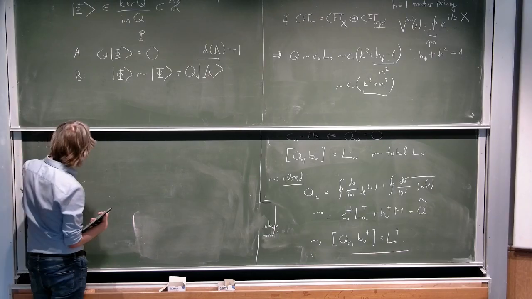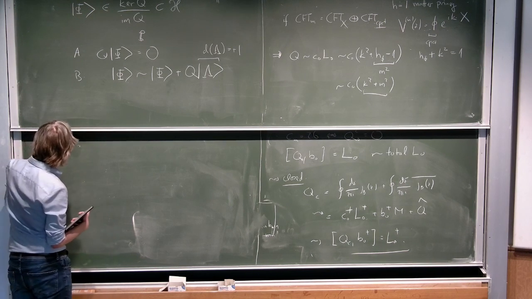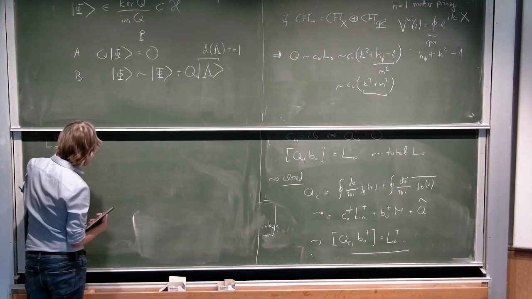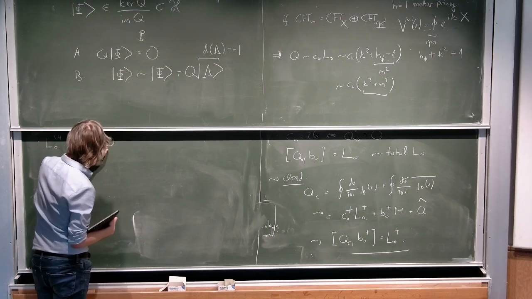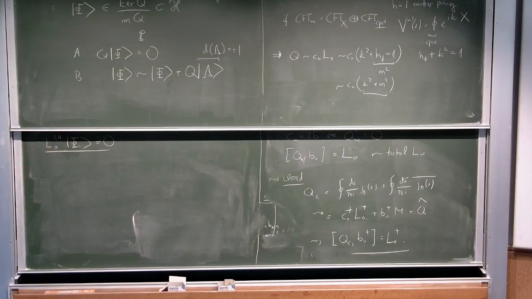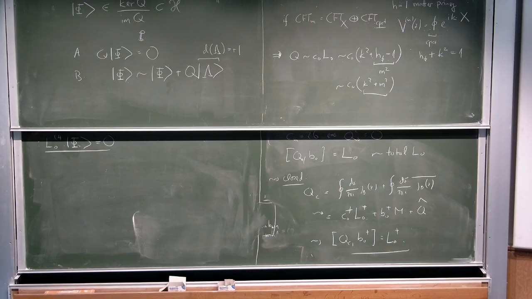In the closed string case, it will be scaled by L naught plus. And can you remind me what is L naught plus again? L naught plus is just L naught plus L naught bar. So it's an operator whose eigenvalues will be the scaling dimensions in the closed string.